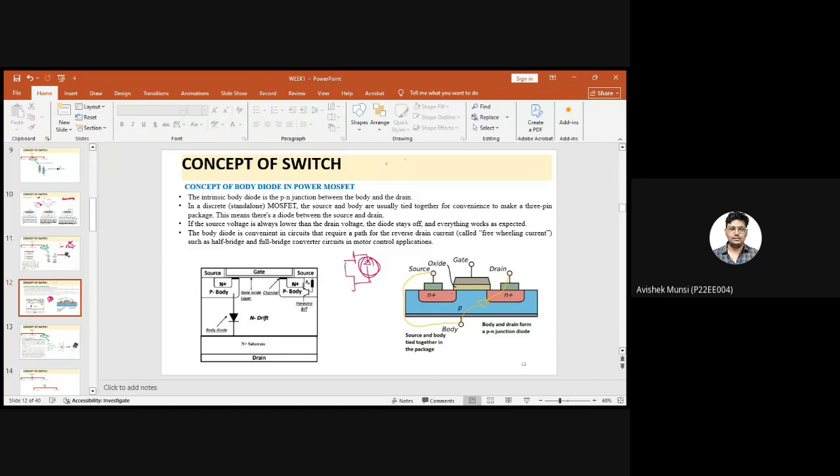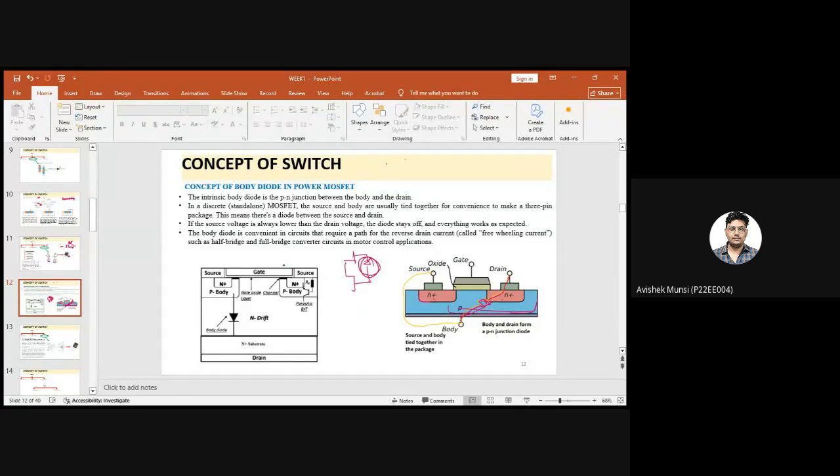What happens in this case, you will see that there is an N plus and N minus, and there is a P well where N dopings are done to make the MOSFET, and this PN junction basically makes the body diode of the MOSFET.